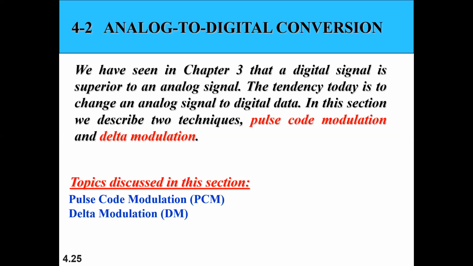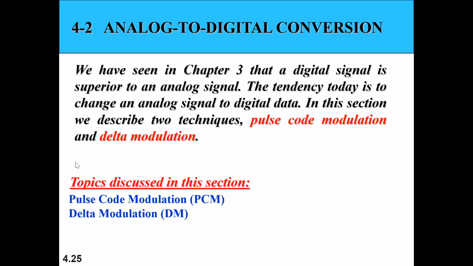Next one is the analog signal that I need to convert to digital data. How to represent and convert this? For that, we need to understand two techniques. One is called pulse code modulation, which is very familiarly known as the PCM technique. The second one is delta modulation.